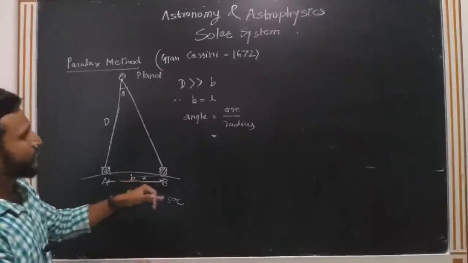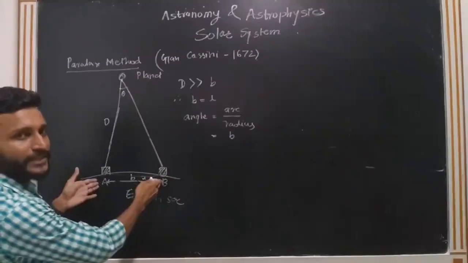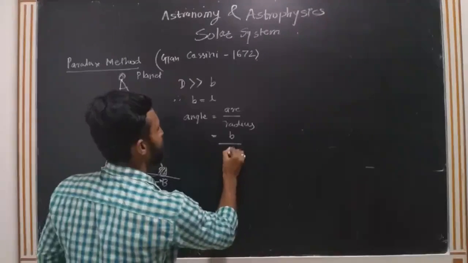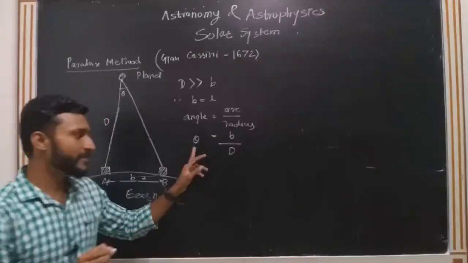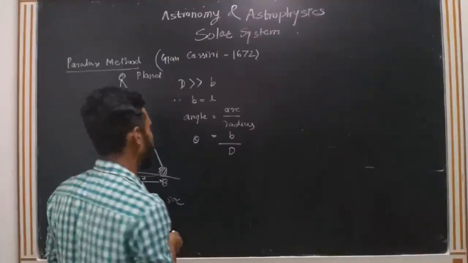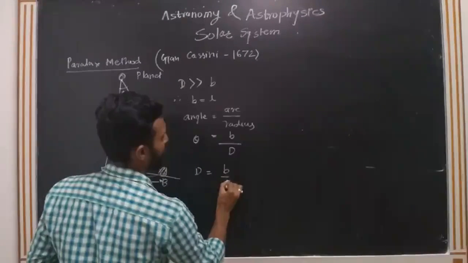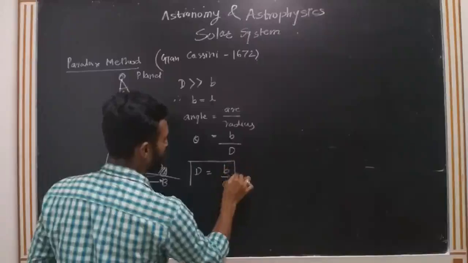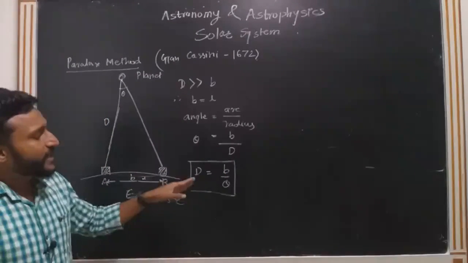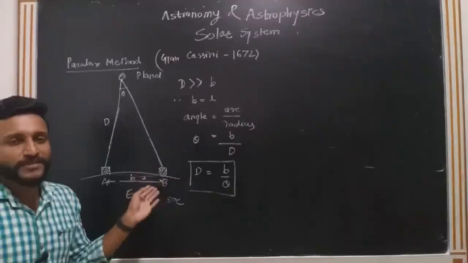The arc is nothing but B, the distance between the two observatories on the earth's surface, and the radius is D. So this is the angle theta. This angle theta must be in radian, and we know how to convert degree to radian, right? So we can calculate D as B by theta if we know theta. This is the simple formula by which we can determine the distance of any planet or object from the earth.